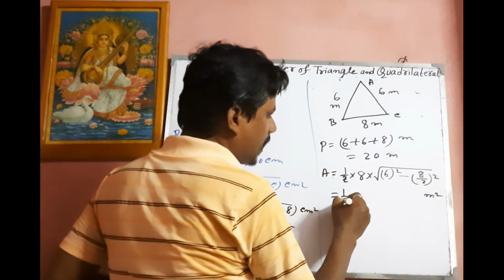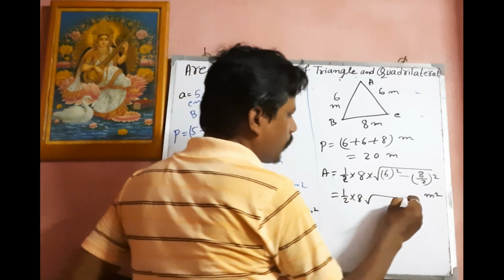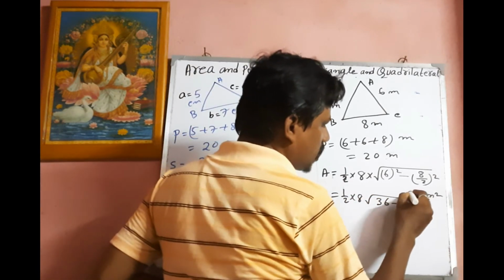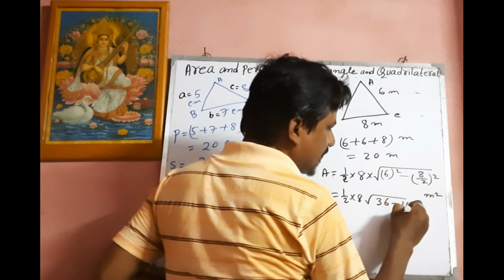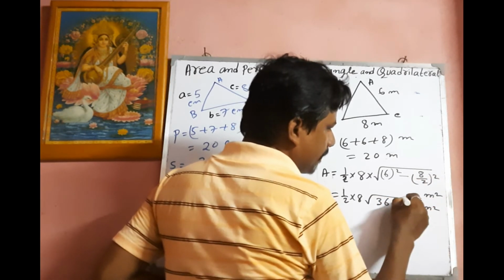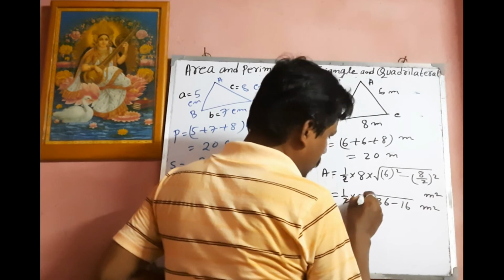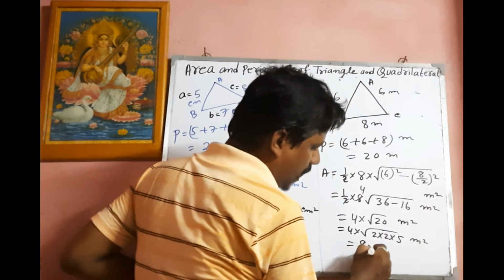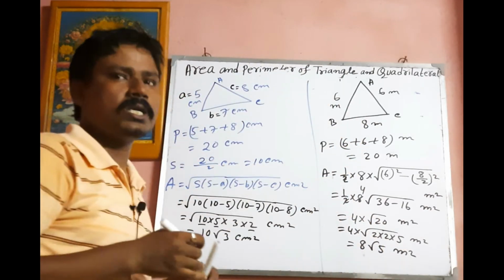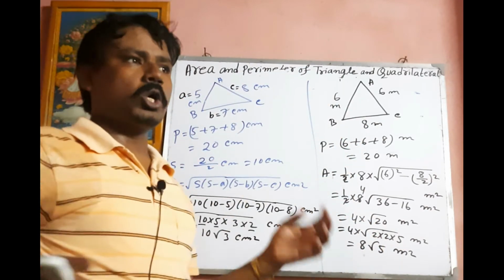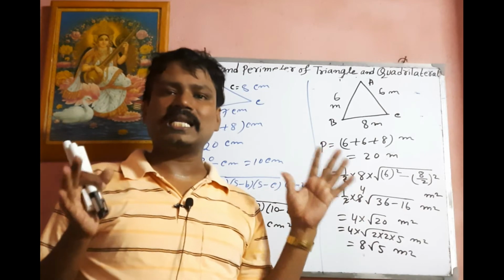Now half into 8 into root of 36 minus 8 by 2, that is 4, 16. So 4 into 2 is 8. 8 root 5 meter square is the area of the given isosceles triangle. So this is the complete triangle section.